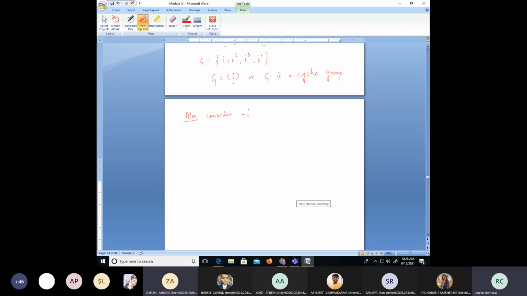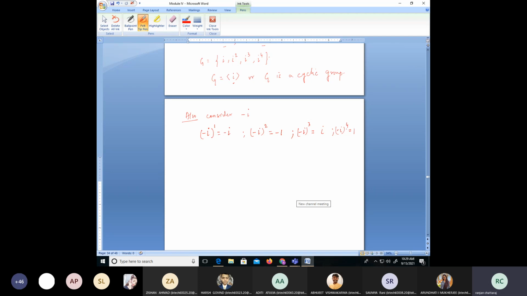Minus i to the power 1 is equal to minus i. Minus i to the power 2 gives minus 1. Minus i to the power 3 gives i. Minus i to the power 4 gives 1.